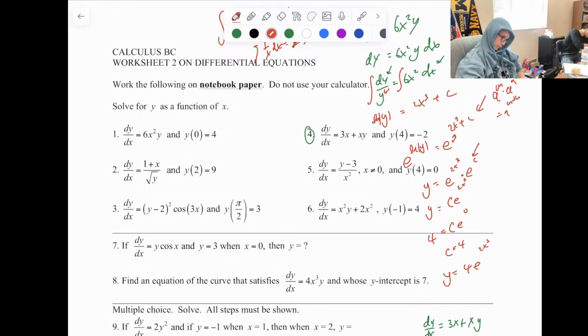Meaning dy over dx equals y minus 3 over x squared. Now sometimes on the AP exam they don't say dy dx, or they don't just say y prime. Sometimes they say rate of change. So they say the rate of change of y is going to be this, and the initial condition is this, and that just means dy dx.